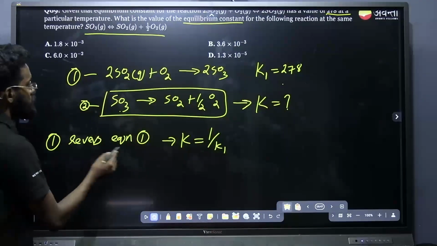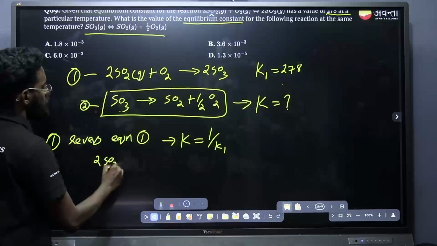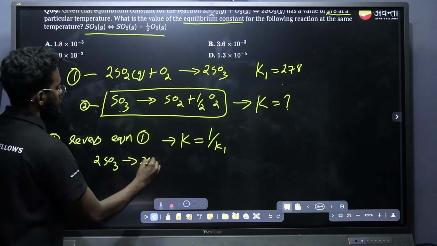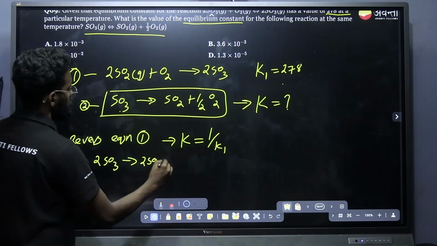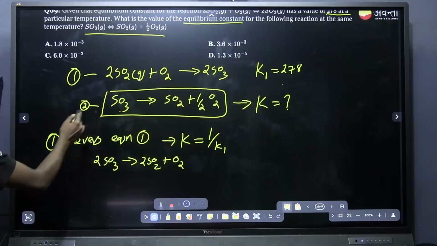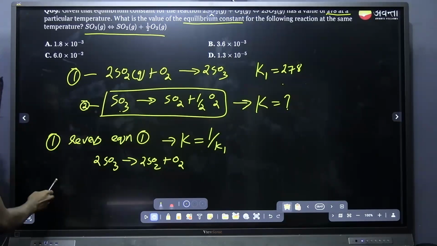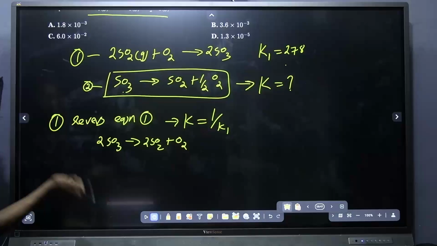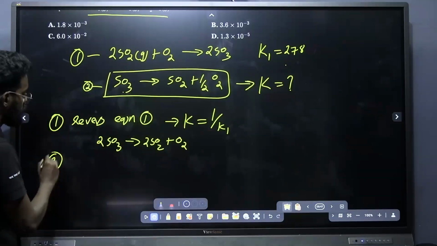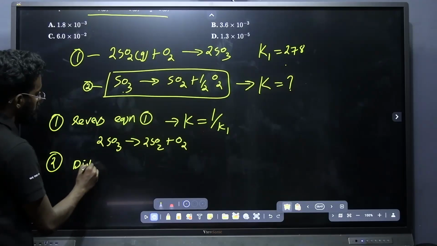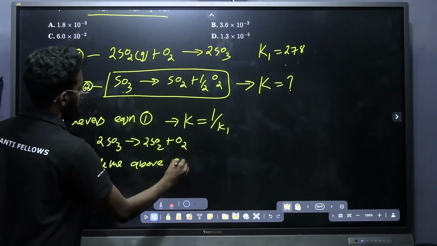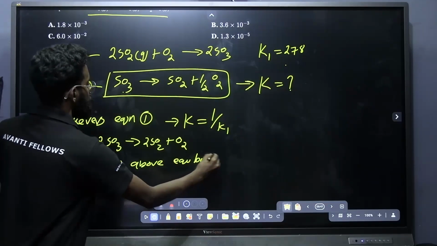Now after reversing, what is the reaction? We are getting 2SO3 gives 2SO2 plus O2. Now after reversing also we didn't get the second equation. Then what do I have to do? For getting the second equation, the next thing we have to do is divide the above equation by 2.